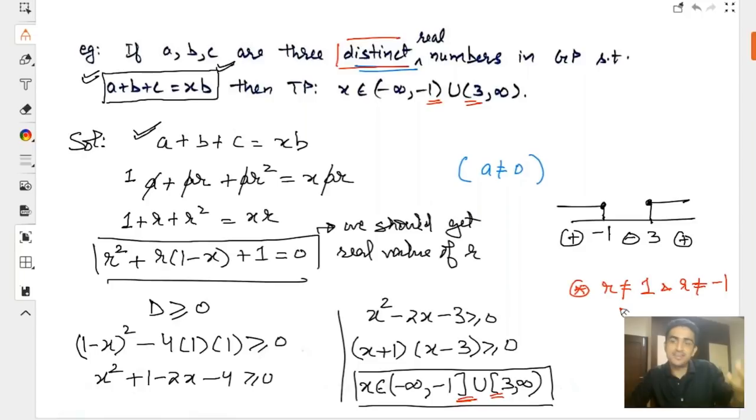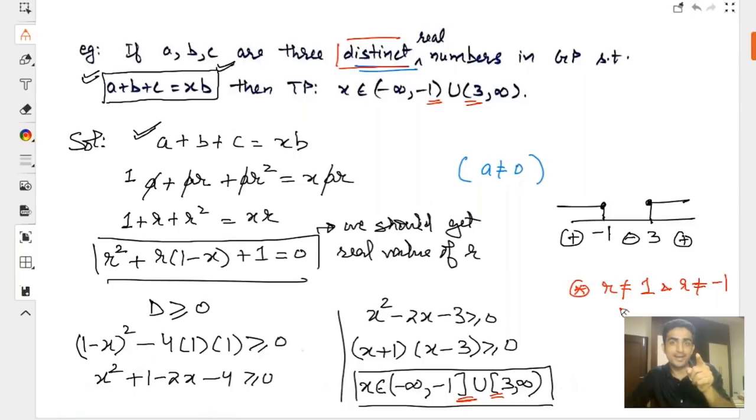Then the GP has 3 distinct terms, because if R is 1, then every term will be A. If R is minus 1, then the terms will be A, minus A, plus A, minus A, and so on.